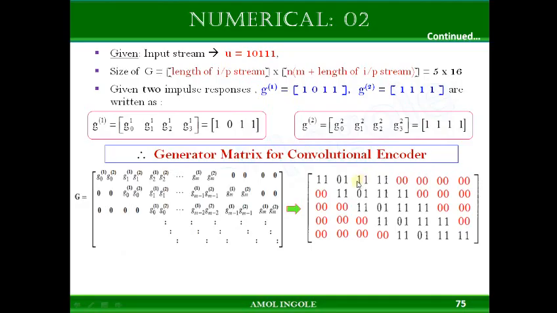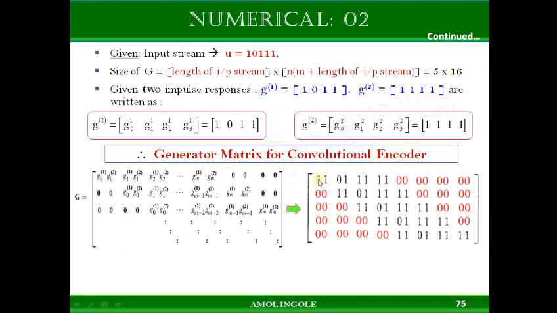Next two bits will be obtained by using the third bit of G1, that is 1, and the third bit of G2, which is 1. So 1 1 will be the next two bits. In the same way, you can write the last two non-zero bits, which are 1 and 1, and the remaining columns of the first row will be filled with all zeros, because the actual size of the generator matrix has to be 5 by 16.